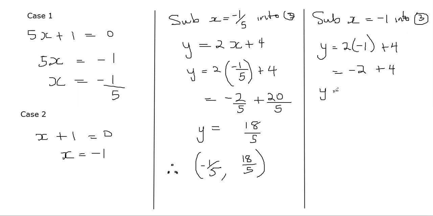So y is going to be equal to 2. So our second point has the x value -1 and the y value 2. We could call the 2 points respectively: this point is P here, and this point is Q. I hope this video was very informative.